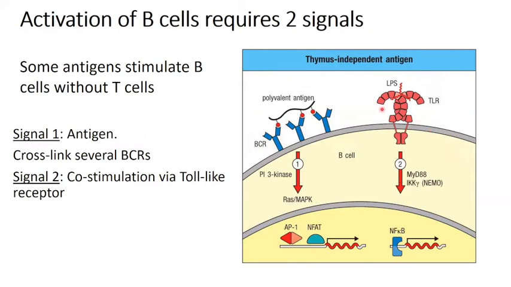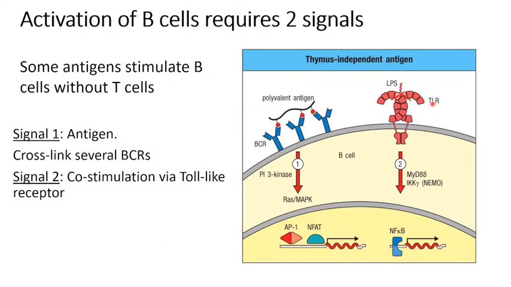Some antigens are what are called T-independent, or thymus-independent. Those are antigens that don't require T cell help. For example, a lot of these are very long polysaccharide molecules, like lipopolysaccharide. Those can cross-link B cell receptors, and you can get signal 1, and signal 2 is provided by toll-like receptors.